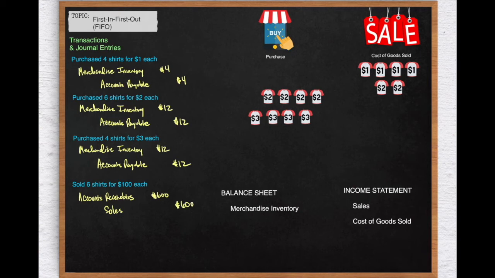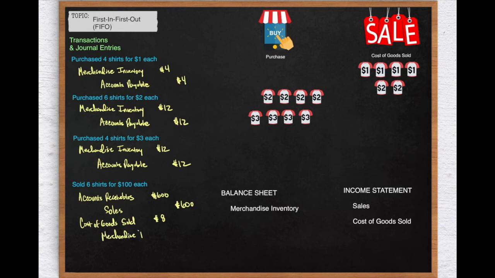Now we're going to record the expense related to that sale. The expense in this scenario is considered cost of goods sold. And the cost of goods sold, I'm going to keep repeating this, is recorded at cost. And in my diagram or picture here, the cost of the shirts is the 4 ones and the 2 twos. So that will give us $8. So cost of goods sold is $8.